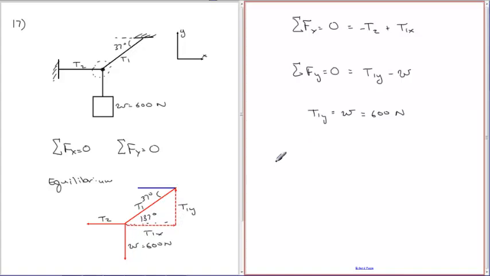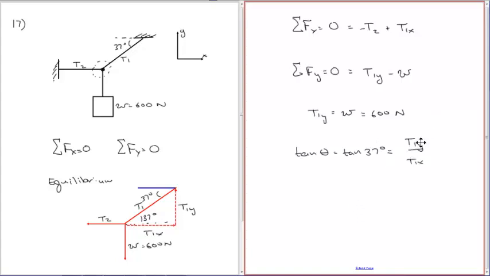Now, through geometry, we can relate this force to that force, because there's a couple of ways of doing it. We know this, and we know the angle, so we can calculate T1x. For example, it's a right triangle, so the tangent of theta, which is 37 degrees, is equal to the length of the opposite side divided by the adjacent side.